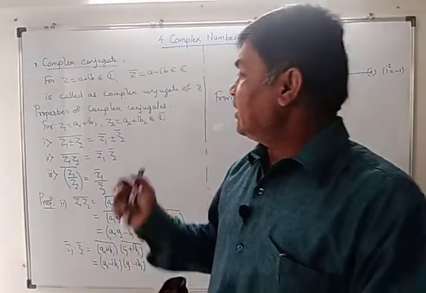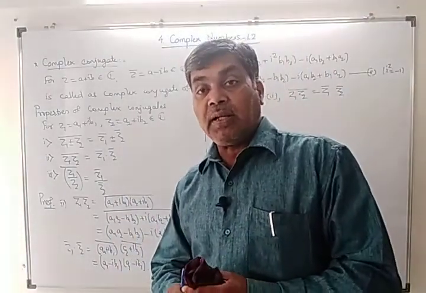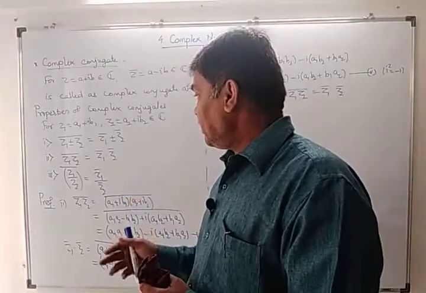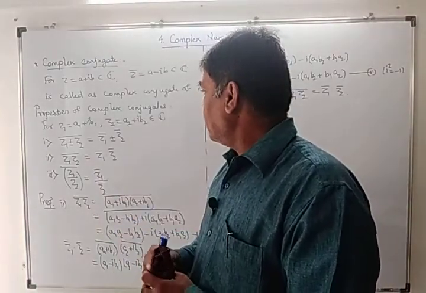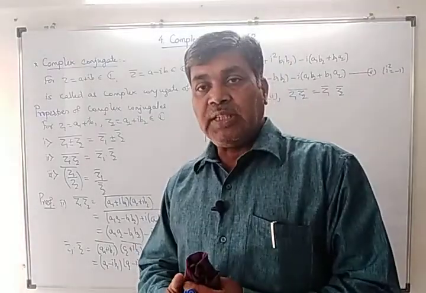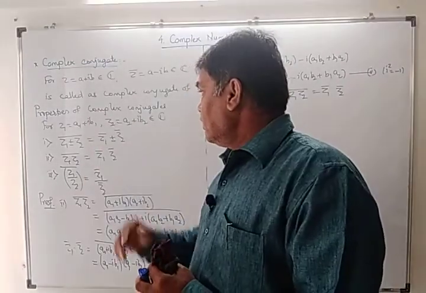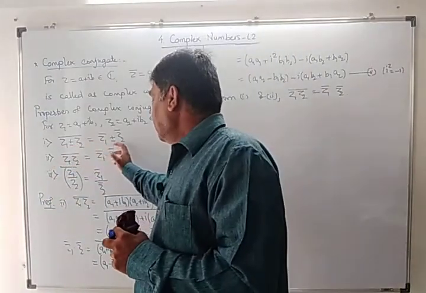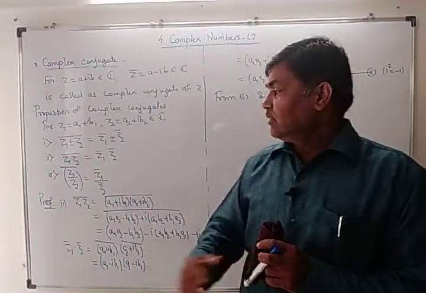Just by interchanging the sign of the imaginary part, we get the complex conjugate, and we proved some of the stated properties. The conjugate of the addition of complex numbers is the same as the addition of their complex conjugates.